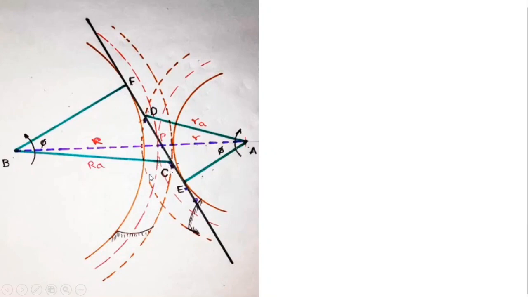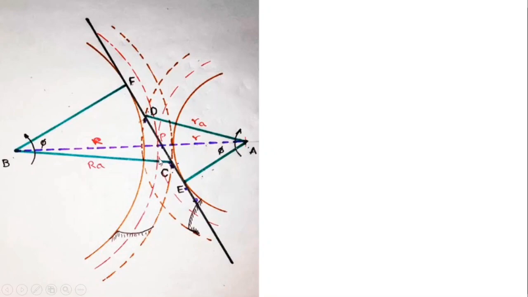They engage at point C and the same pair of teeth will disengage at point D. So from engagement to disengagement, the arc on the circular pitch, we call it the arc of contact. So the contact ratio, we have already seen the definition. It is defined as the ratio of length of arc of contact to the circular pitch.